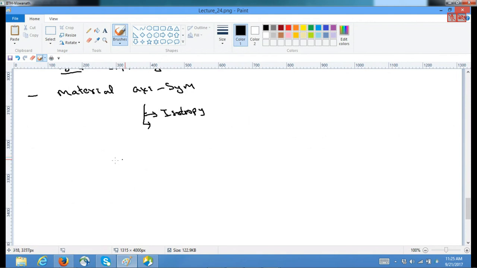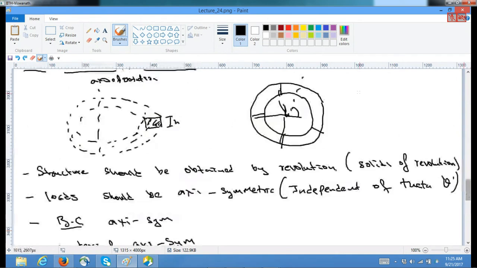For example, if I take a small area at this place, I'll cut this thing along this axis. Let me draw this.